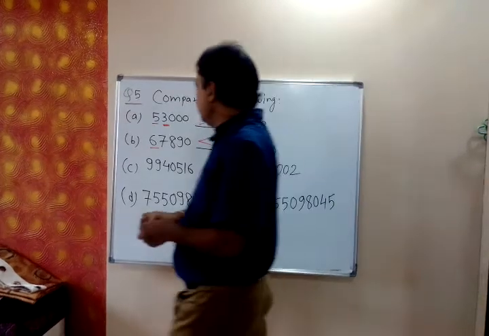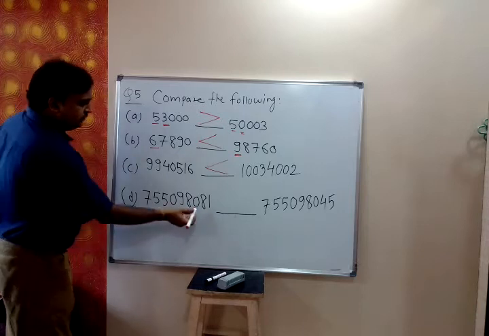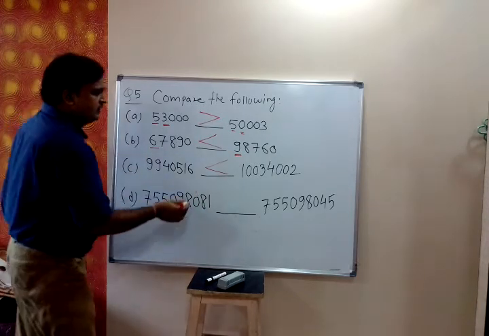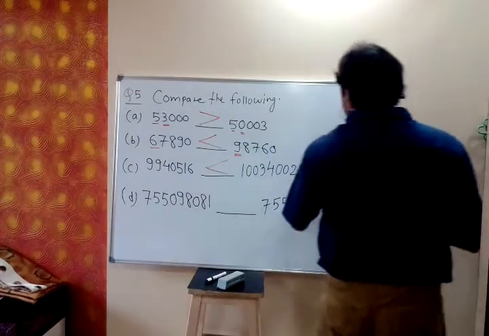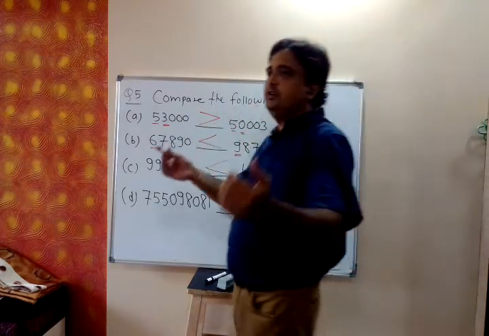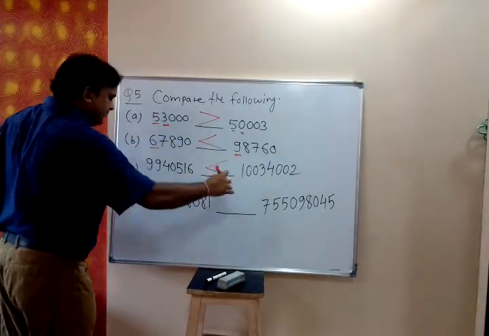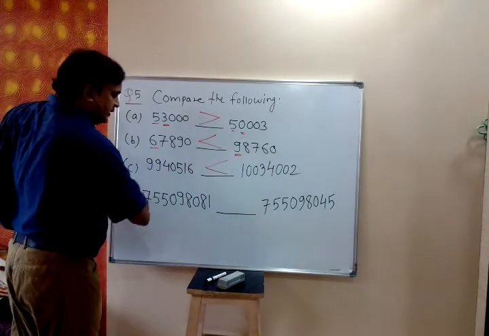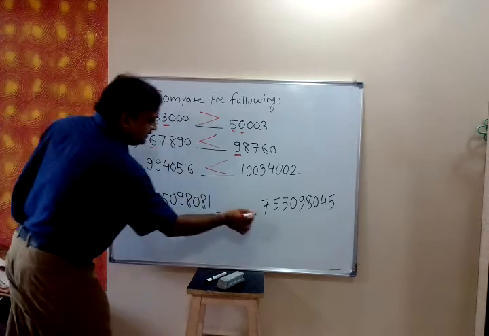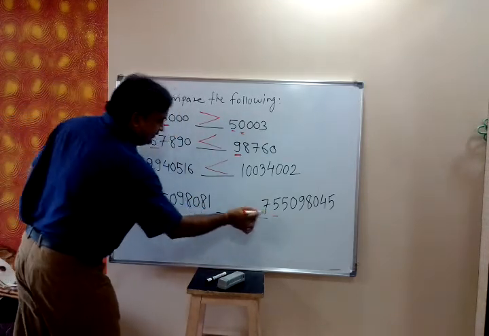Let us see the D part. 1, 2, 3, 4, 5, 6, 7, 8, 9. Then 1, 2, 3, 4, 5, 6, 7, 8, 9. Number of digits are same. So what you will do? Compare the digits from left side. So 7, 7 equal. Then 5, 5 equal.